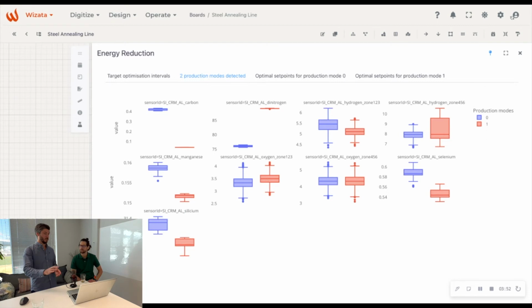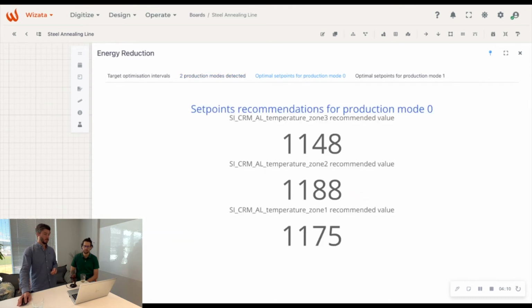So it means that we have two grades of steel that have to have different recommendations. We see that some other context variables are also associated with that, meaning that we still have big variations where potentially we could win something by playing with the temperature. What you see here are the two actual recommendations that can be applied for the two production modes.